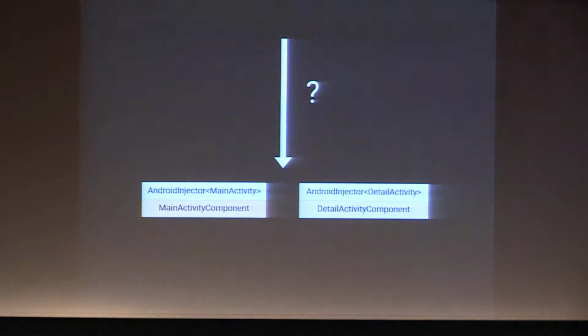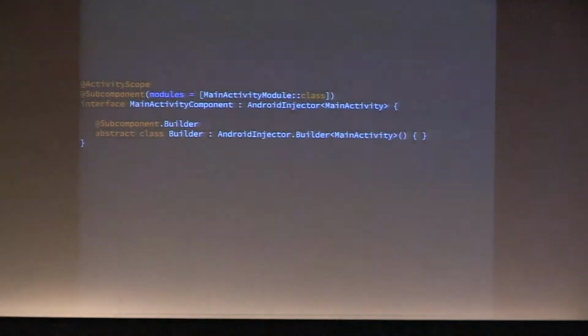So now we're going to start to take a dive into the flow. What's happening? How do I inject my activity? So we start at the bottom. We have our main activity component and our detail activity component, one component for each activity. Let's check the declaration.